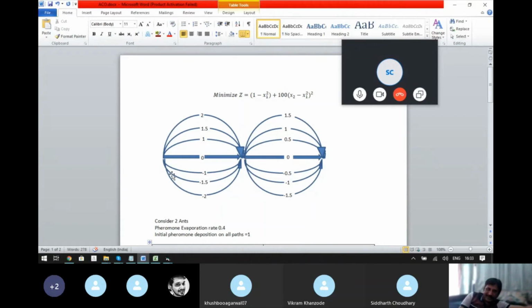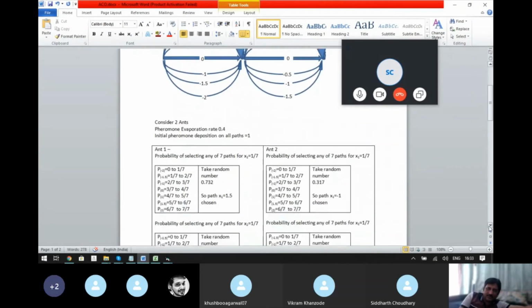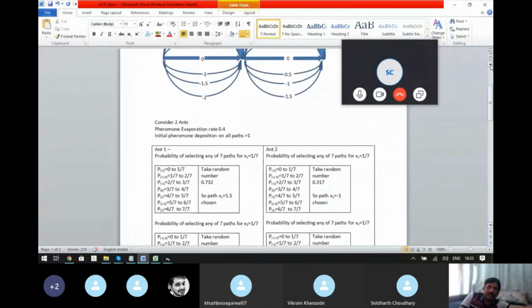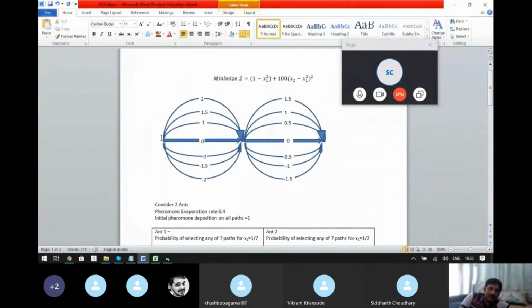The first ant has traveled this path, 1.5 and 1. He came here and then traversed this path and came here.